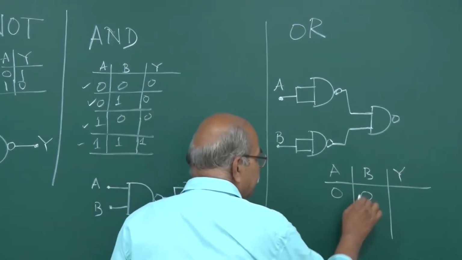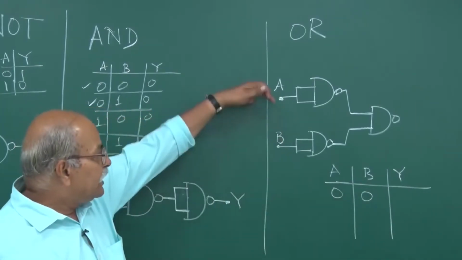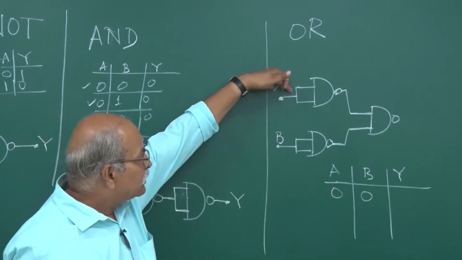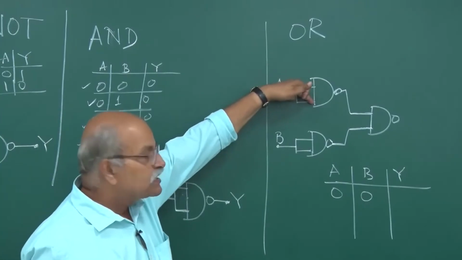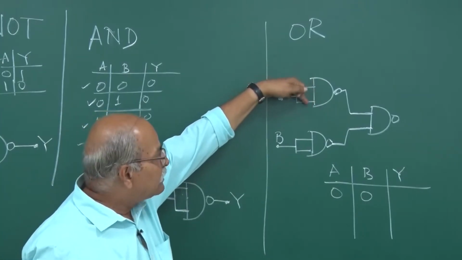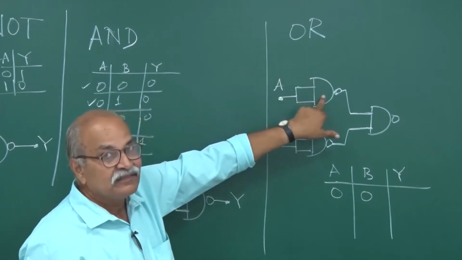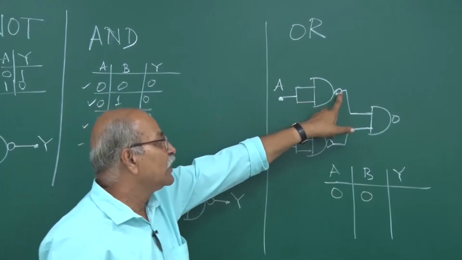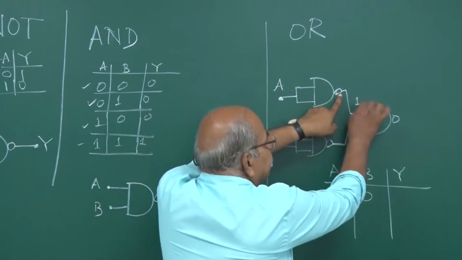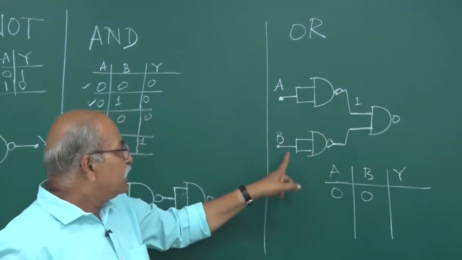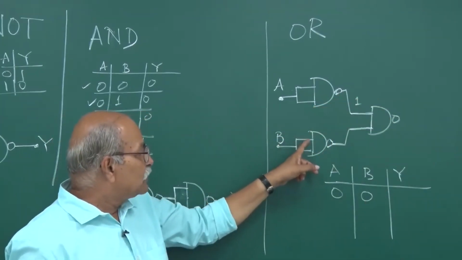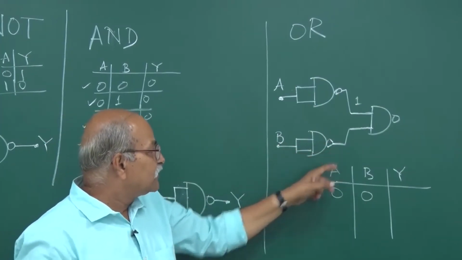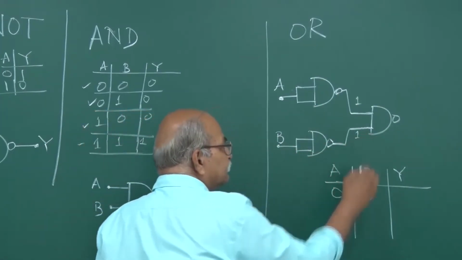First, A and B are both 0. A is 0. So this input is 0. This input is 0. 0 and 0 AND will give me 0. Not of that will give me 1. So here it is 1. And similarly, this is 0. So 0, 0 will give me 0. Not of that will give me 1.